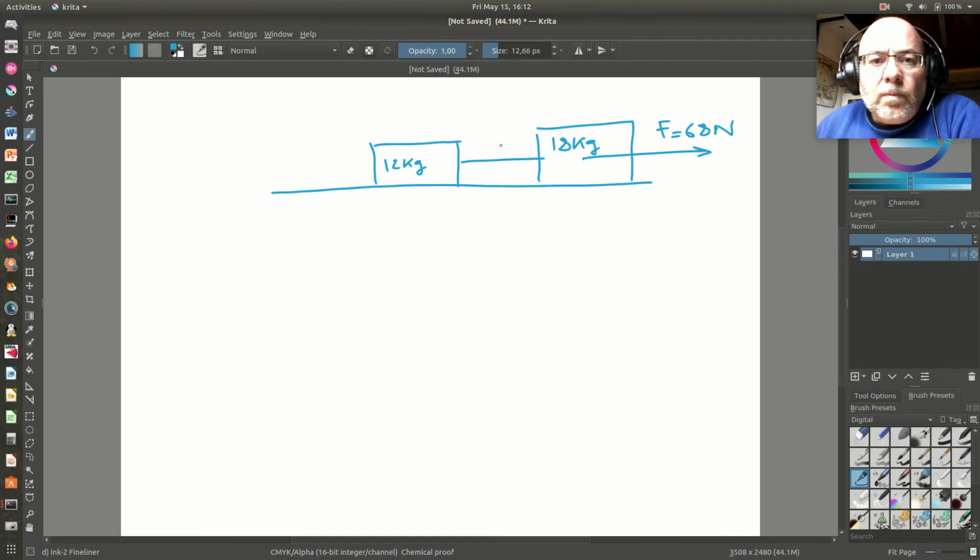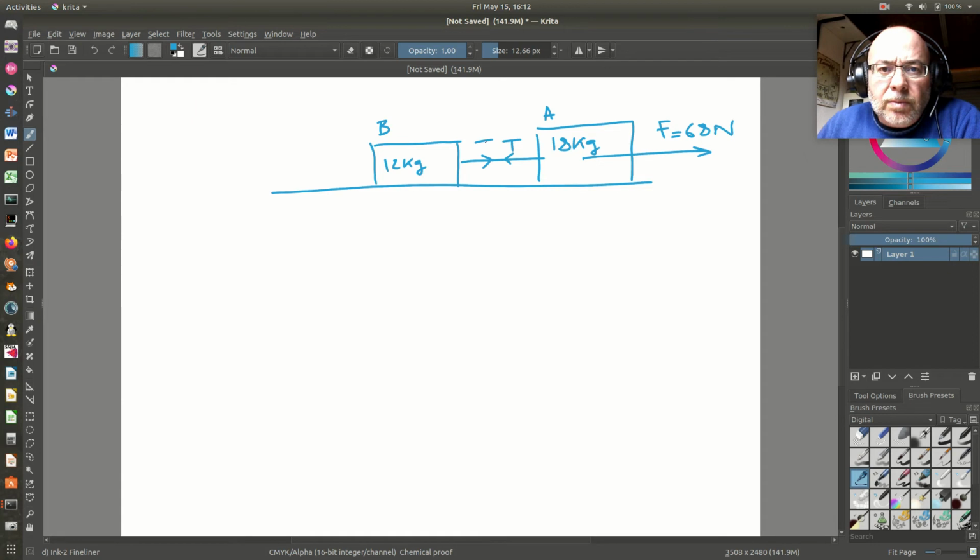Okay, now because of the principle of action and reaction, let's call this block A, and this is block B. Block A will pull block B with a tension T, and block B will pull block A with the same tension T.